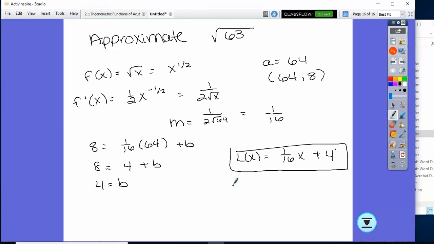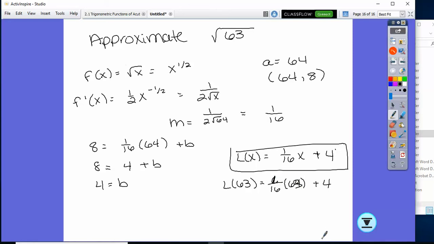But what do I need to do now? Plug in a 63. So again, on the test, I would have to give you something pretty nice for you to be able to plug it in here, or I might just say set it up. I wrote 64, that's a 63.